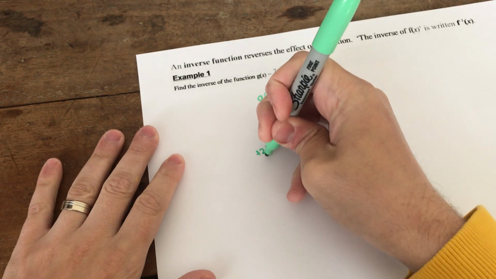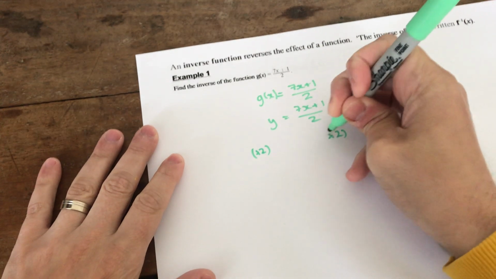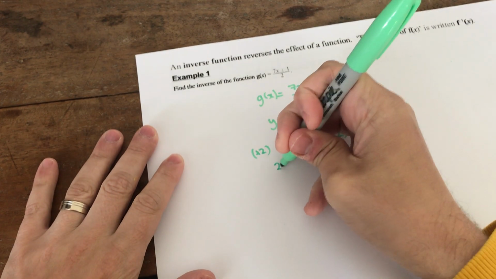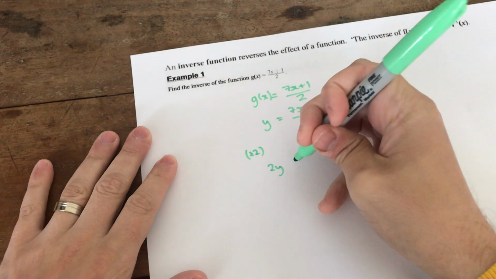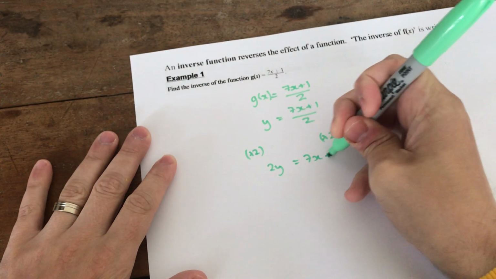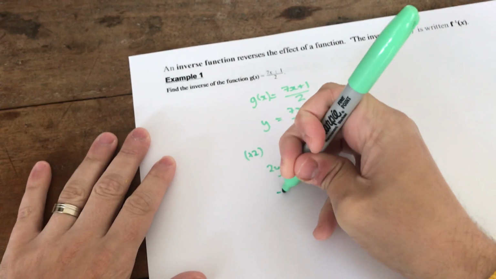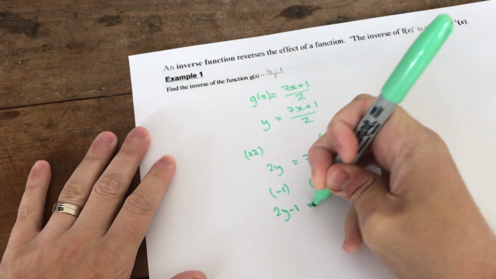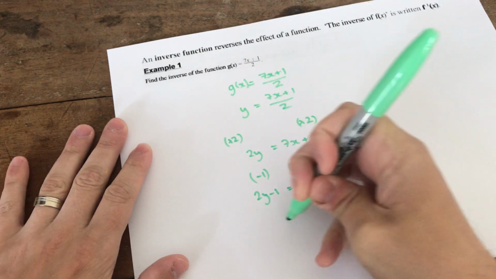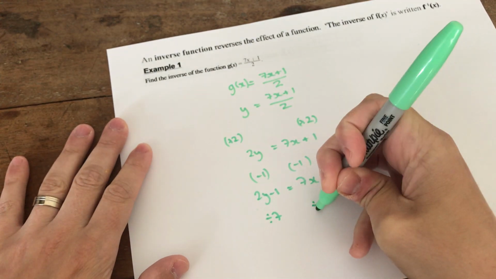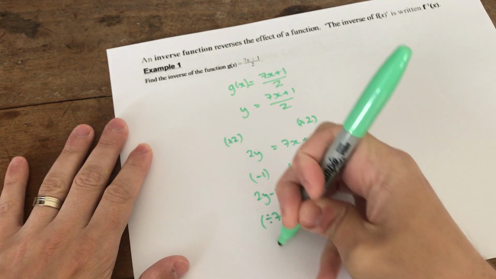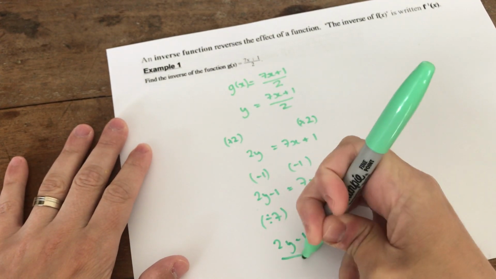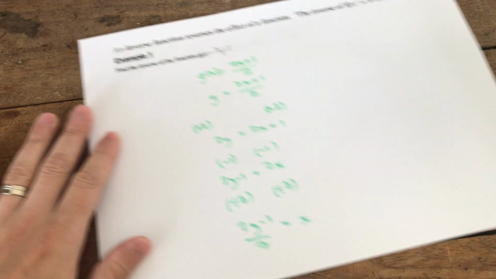So we times by 2, and I get 2y equals 7x plus 1. I'm going to take away 1, and I get 2y minus 1 equals 7x. Then I'm going to divide through by 7, and I get 2y minus 1 all over 7 equals x.